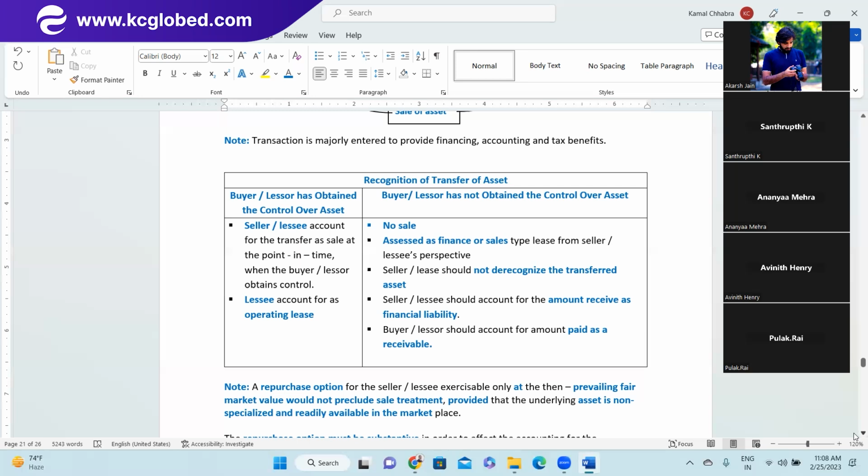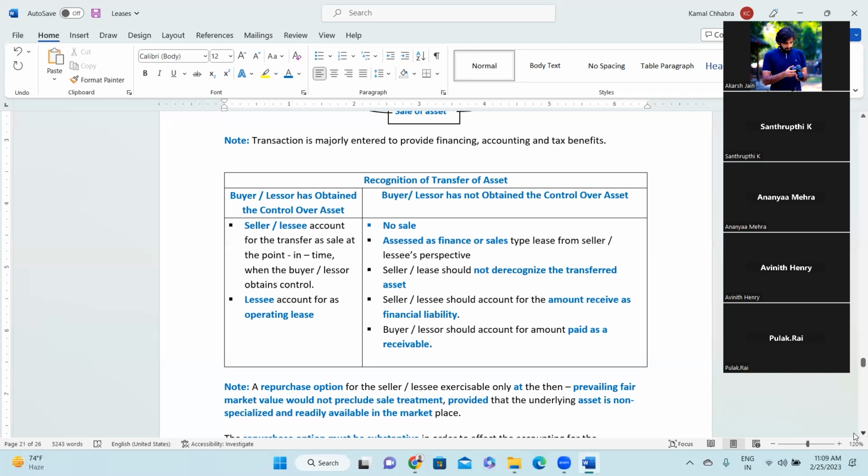So at the time when Ananya has taken the control over Santrupti's car, Santrupti will book that as a sale, and the lessee accounts for it as an operating lease. Now the asset, which she has taken on lease back for a few months, will be an operating lease.